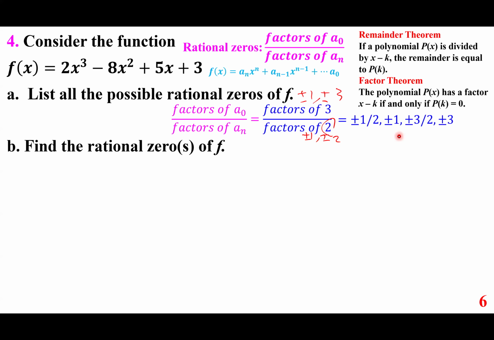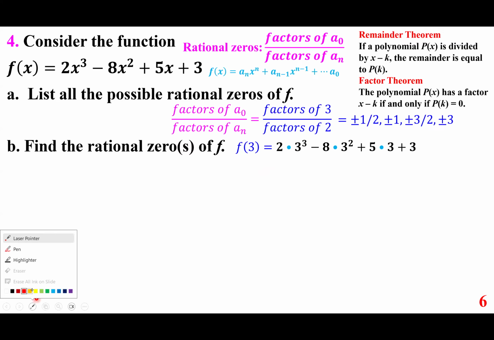So I'm going to plug in 3, and it so happens that it is going to be 0. 2 times 3 cubed, which is 27, and therefore 54.